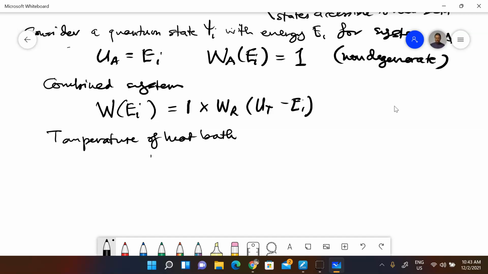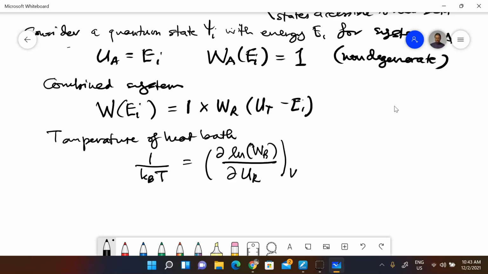From our previous thermodynamic consideration, it is given by the derivative of the log of WR with respect to the energy at constant volume. That will be the temperature of the heat bath.